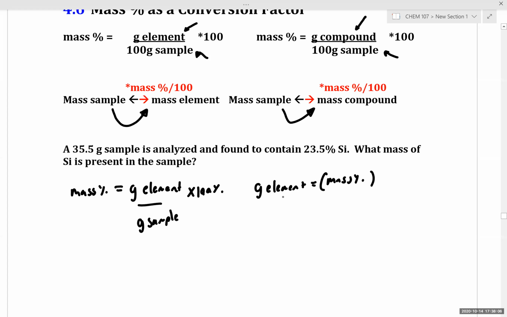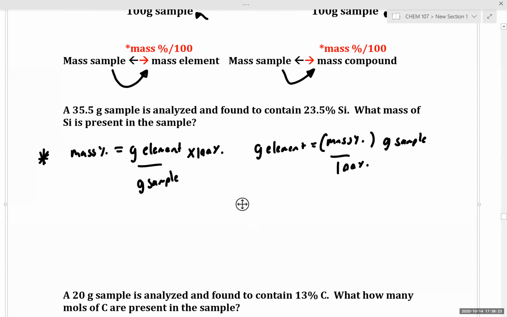And we can calculate the mass of our element by taking the mass percent over 100% times the grams of our sample. So this is another way of calculating the mass of an element given the mass percent and the mass of our sample. I'm going to show you the conversion factor method because I find it's more scalable and it's more applicable to a range of problems.